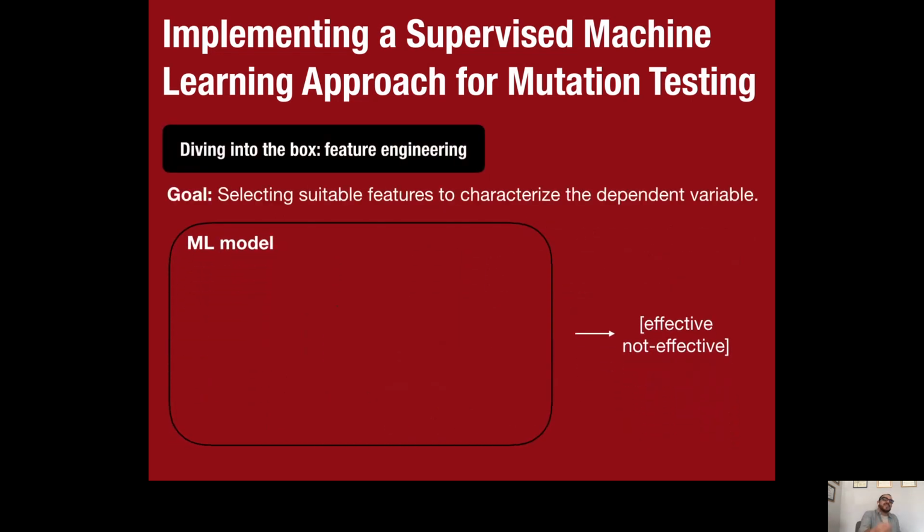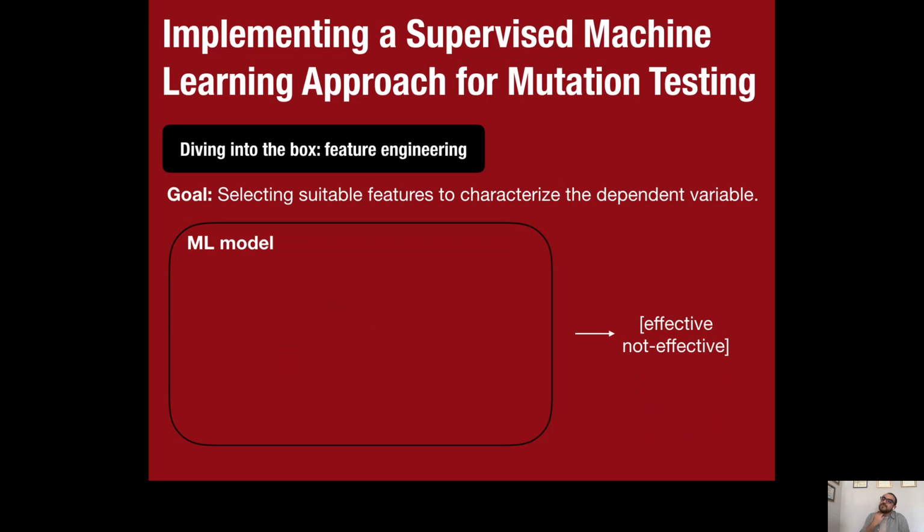Once decided the dependent variable, you have to dive into this black box, which is the machine learning model. And particularly, it is crucial to conduct a systematic feature engineering process. What does it mean? It means that you may want to select and identify suitable features that characterize the dependent variable.